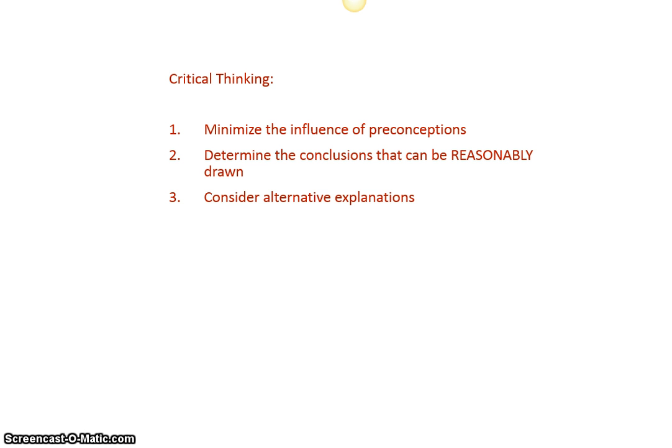So, with critical thinking, we have key attitudes and mental skills that characterize this process. A critical thinker is flexible, yet maintains an attitude of healthy skepticism. The critical thinker scrutinizes the evidence before drawing any conclusions. The critical thinker can assume other perspectives.